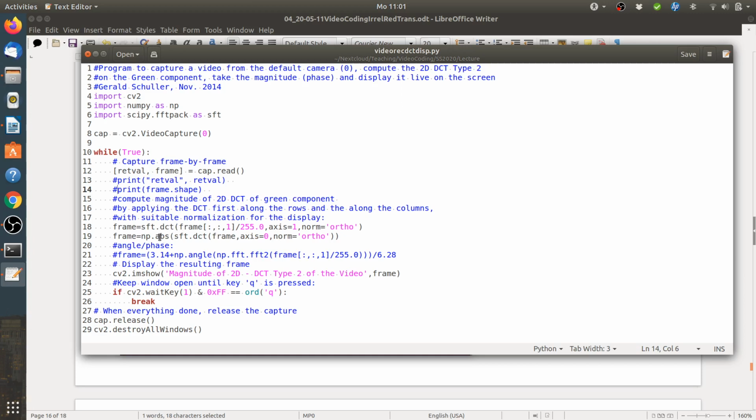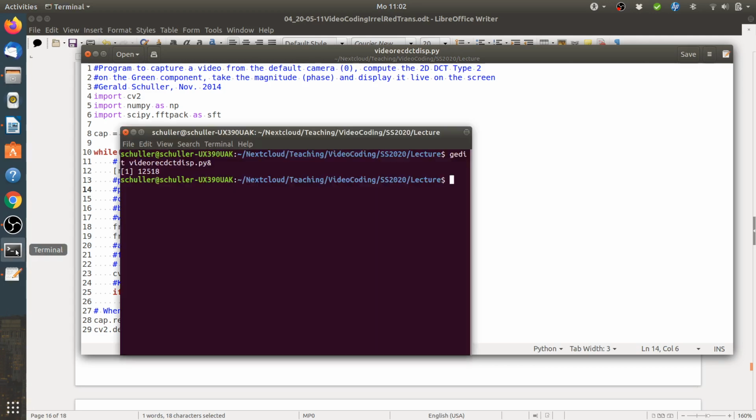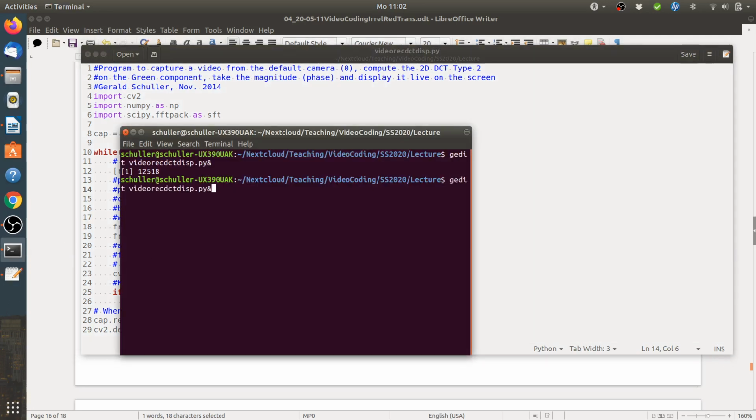I want to see the strength or the magnitude of the coefficients. So this then is stored into frame, and then frame is displayed using imshow. Right, here we have the magnitude of the two-dimensional DCT type 2 of this frame. And I continue doing it until I press the key Q. So now we can see how the DCT2 of the video looks like.